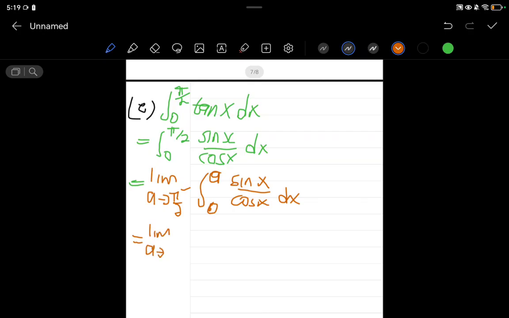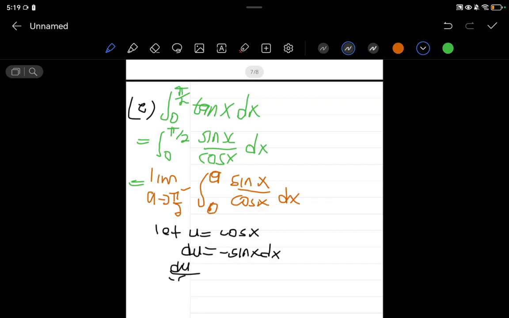So even before I do this, I can use this substitution here. I can let u be equal to cos of x, then I differentiate and get minus sine of x dx. Then I make dx the subject of the formula. Then I go back to substitute, right?